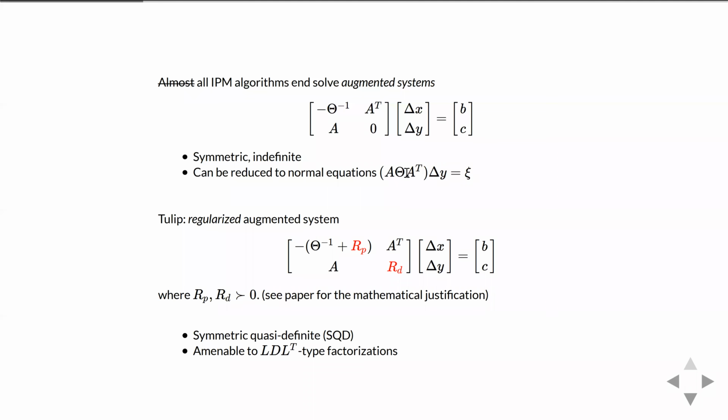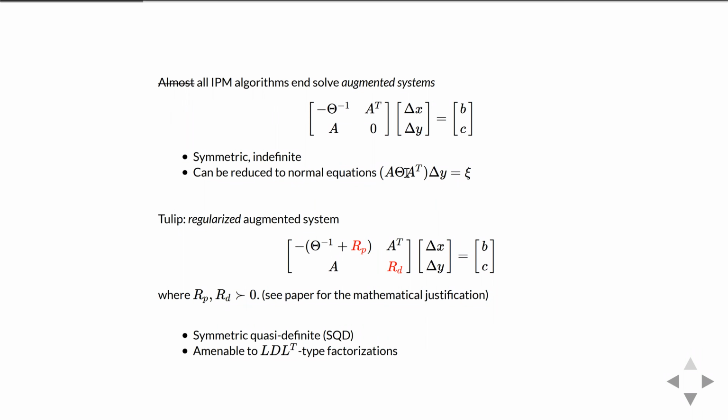In Tulip, actually, what is solved is a regularized version of that system, which basically has a diagonal perturbation. It's basically changing the diagonal of the matrix so that the system is better conditioned and numerics work better. There's a mathematical justification behind it. You can look it up in the paper, but I won't be talking about that too much.